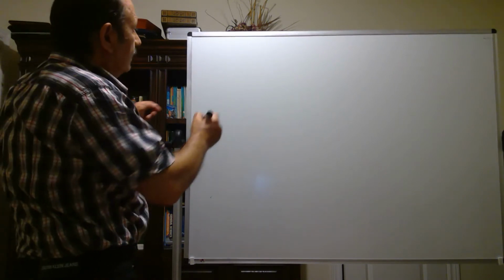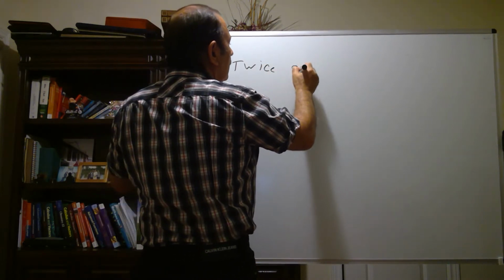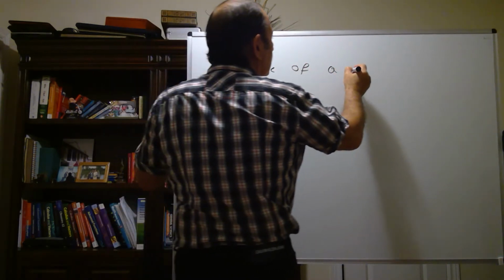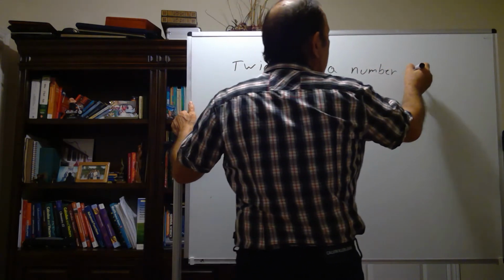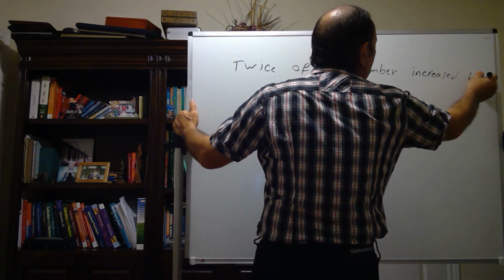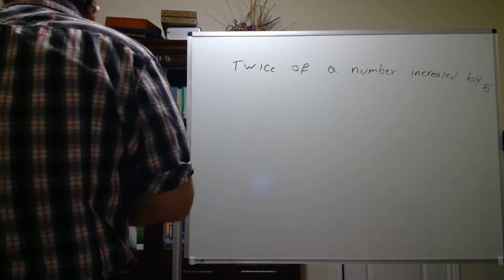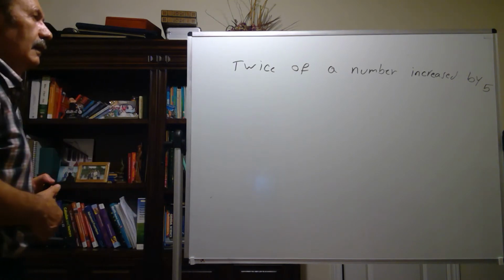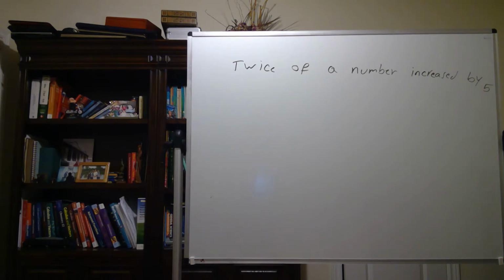Let's do this one: twice of a number increased by 5.